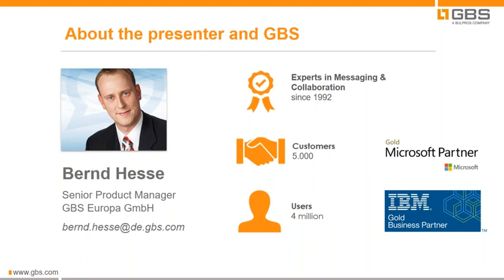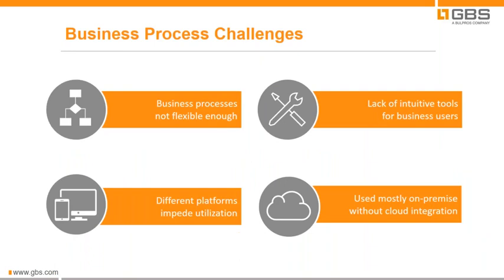The first one is messaging and email, the other one is collaboration and workflow. We're happy to have served 5,000 customers, and that 4 million users are using at least one of our products. So much for myself and GBS.